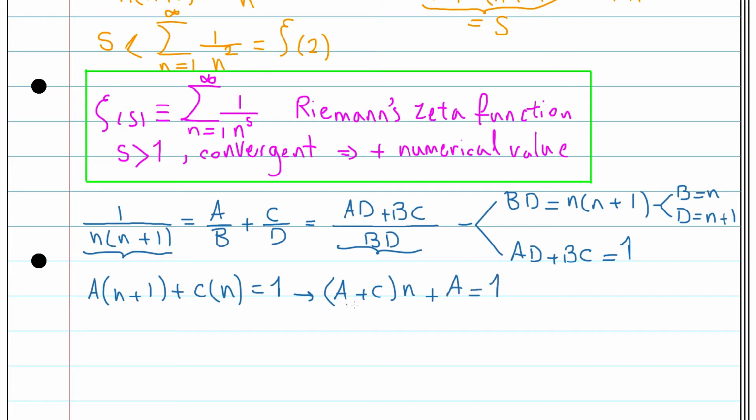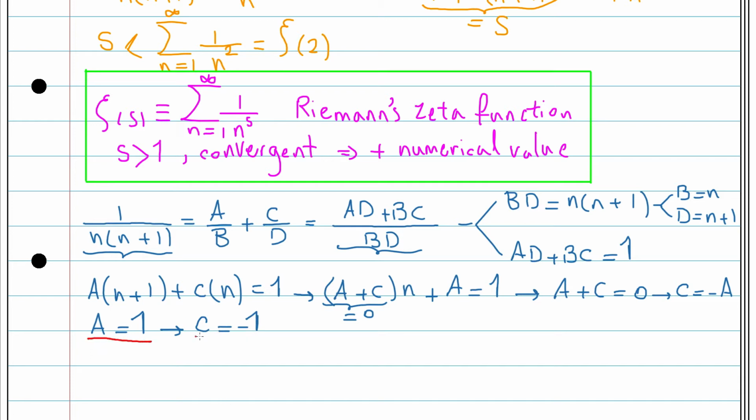If the factor a plus c is non-zero, the left-hand side can grow infinitely large with n, which is impossible because the right-hand side is a finite number. So the only possible choice is whenever a plus c equals 0, and from here c equals minus a. But if this term vanishes, I have a equals 1, and from here I get c equals minus 1.